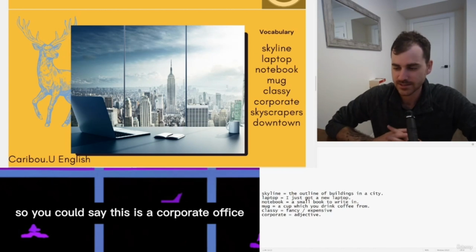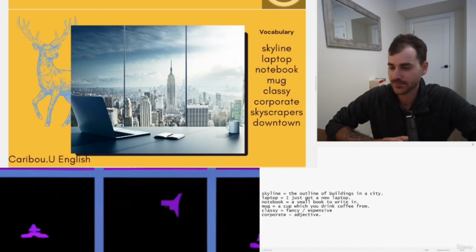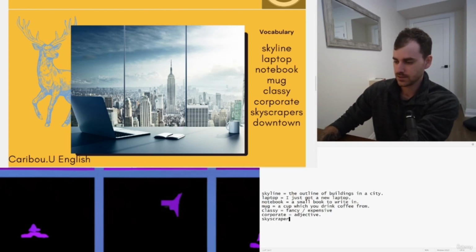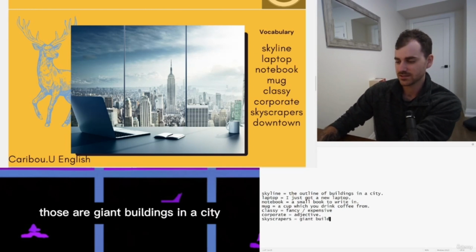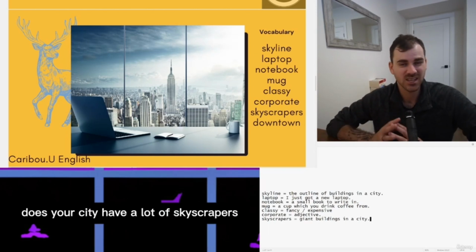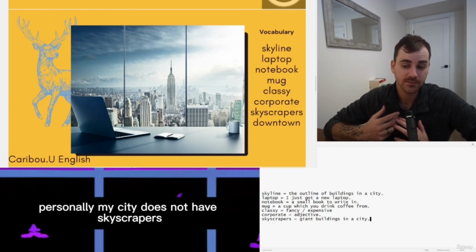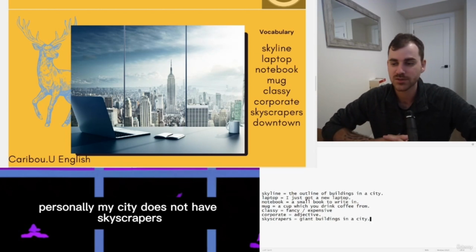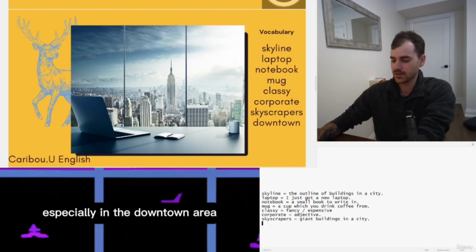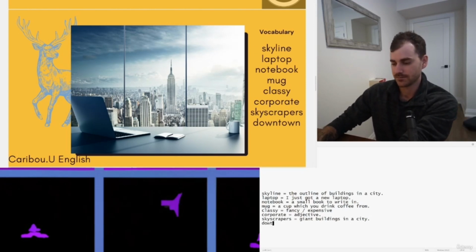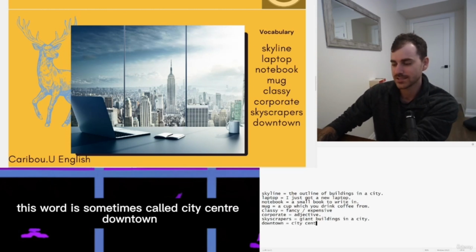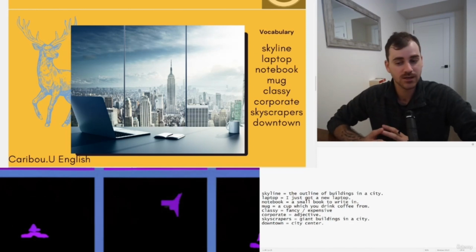So you could say, this is a corporate office. The skyscrapers, those are giant buildings in a city. Does your city have a lot of skyscrapers? Personally, my city does not have skyscrapers, but New York City has a lot of skyscrapers, especially in the downtown area. So this word is sometimes called city center, downtown.